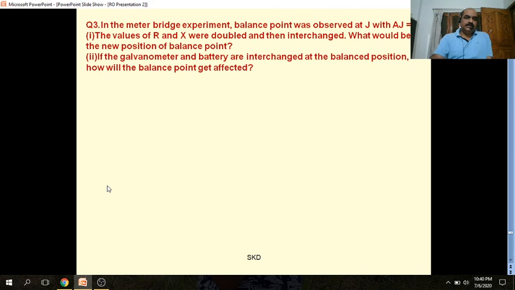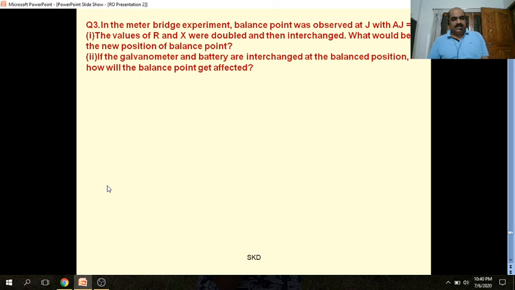Now our third question is conveying another important concept. In the meter bridge experiment, the balance point was observed at J with AJ equal to L. The values of R and X are doubled and then interchanged. What would be the new position of the balance point?